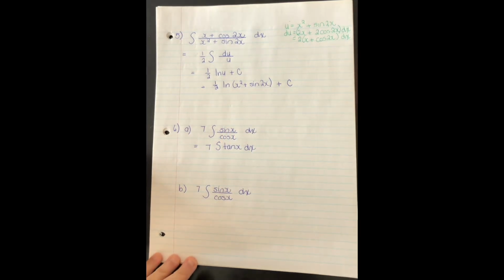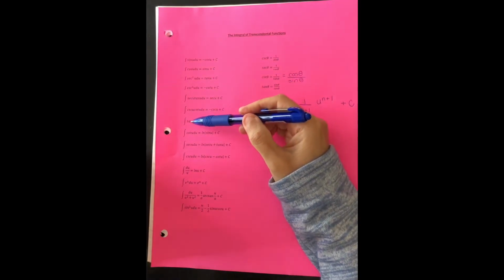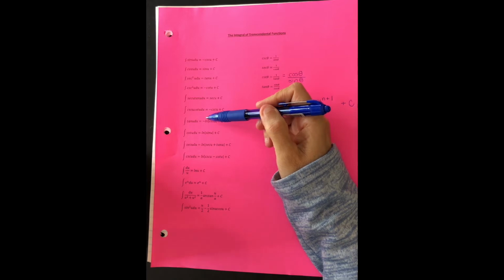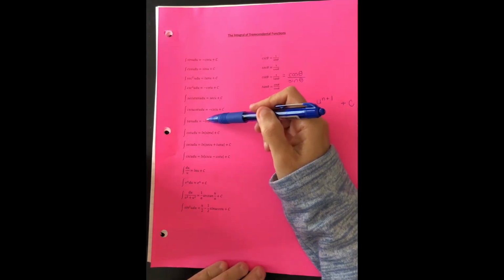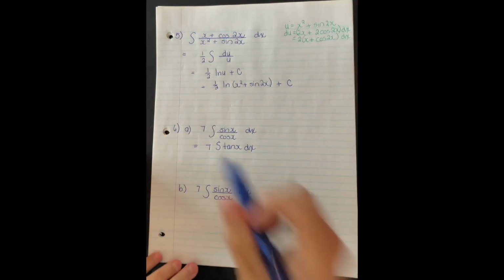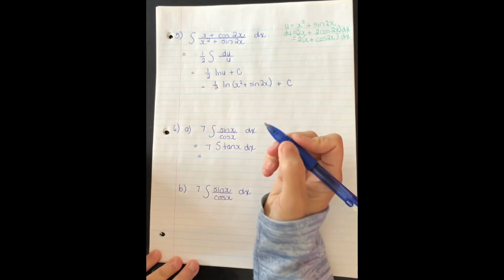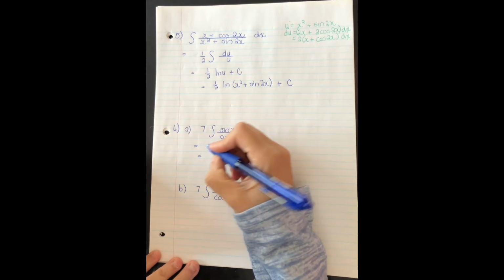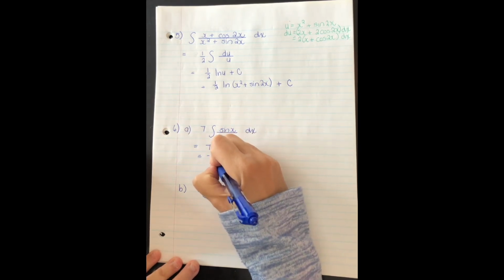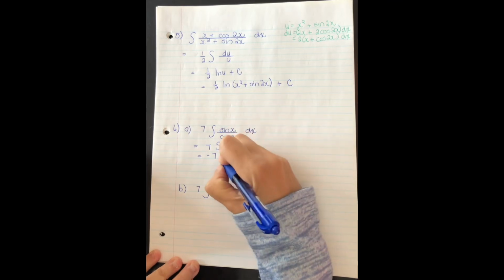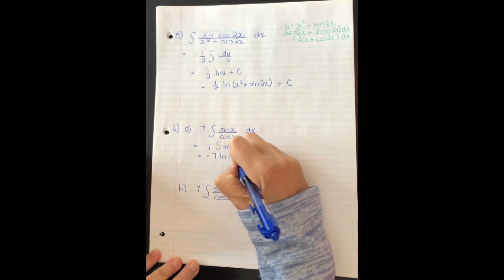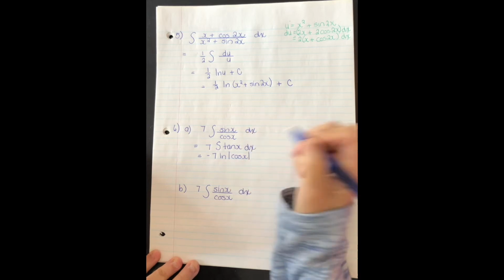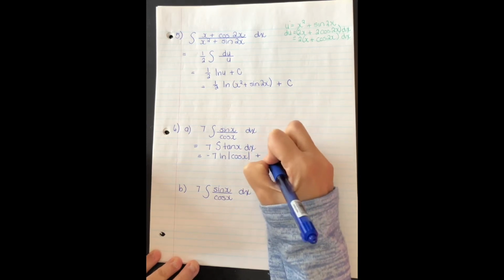And then we just go to our handy table and find that the integral of tangent is the negative of the ln of the cosine, in this case of x. So we'll get 7 times -1, -7 times the ln of the cosine of x.